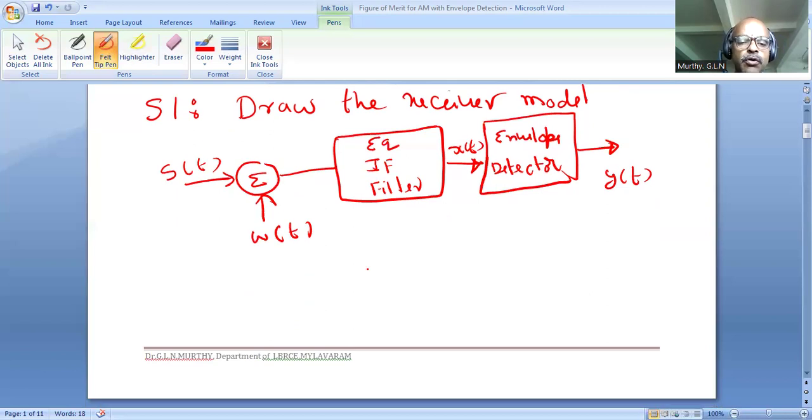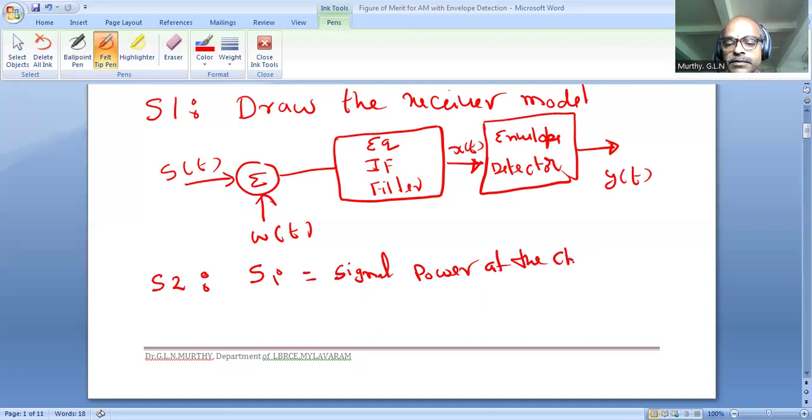So before going into estimation of the output or demodulated signal, let's concentrate some time on the input side. Step number 2, estimate Si. What is Si? Signal power at the channel output.